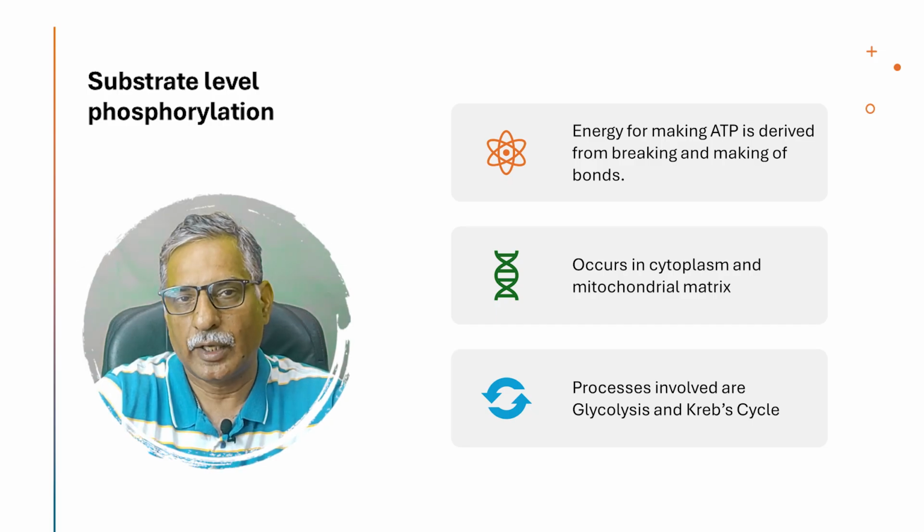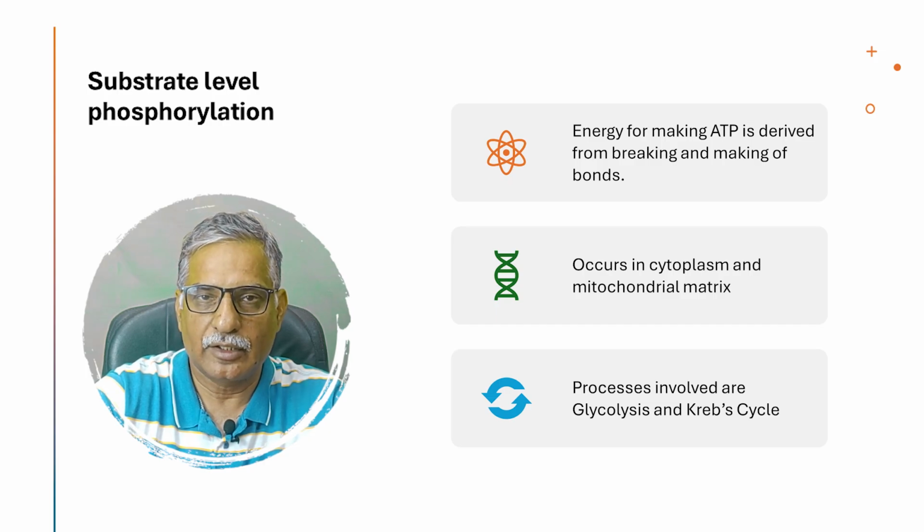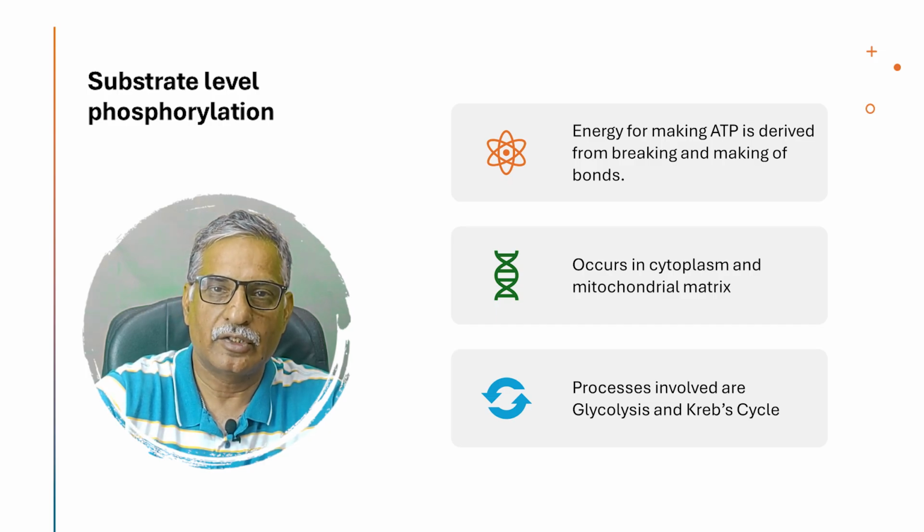I repeat, when an organic molecule is converted into another form, excess energies contained in it will be released to the surrounding, and these energies can be picked and used to raise an ATP molecule. So this type of phosphorylation is known as substrate level phosphorylation.